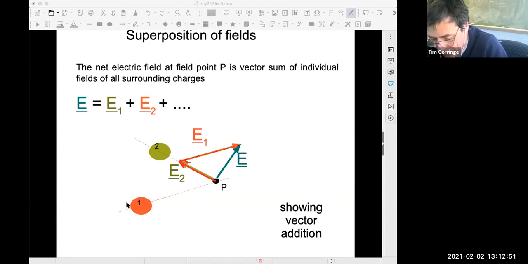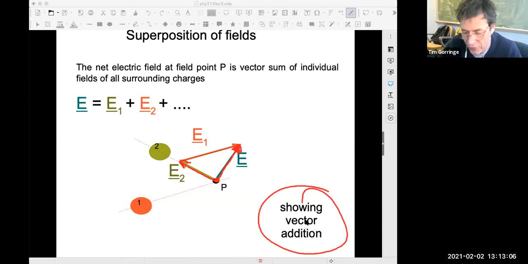That's the electrical field of the first charge. And then the resulting electrical field runs from the tail of the first vector to the tip of the second. And so this is the resulting electrical field. And that's, again, showing the vector addition of those two electrical fields. So that's superposition of fields, and it works the same way as superposition of forces.